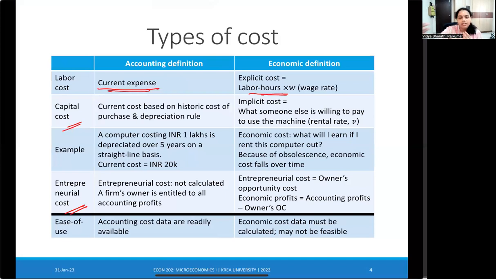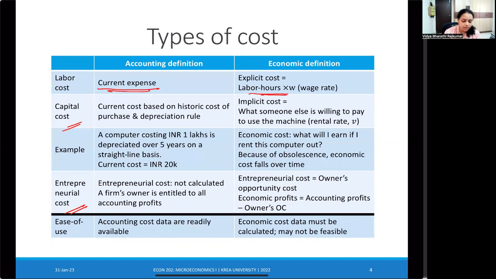Maybe I could rent that computer out to someone else and make some money off of that. So whatever payment the asset will earn in an alternative employment would have to be factored into my economic cost calculations. So that's how capital would be seen.